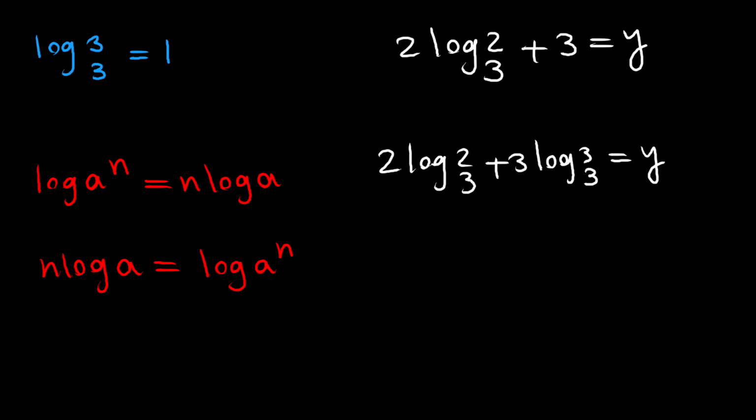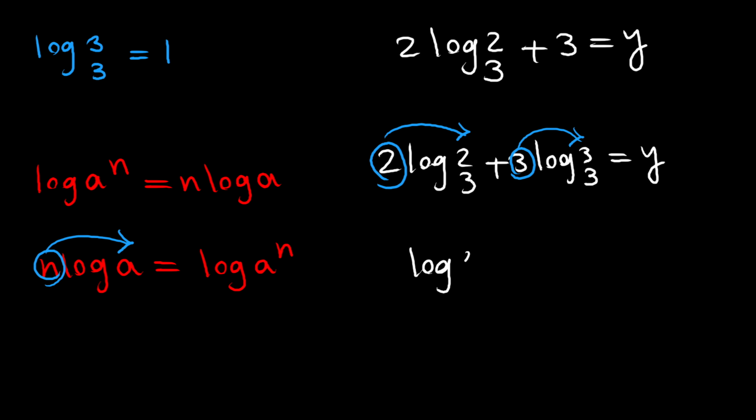We can basically take the coefficient and use it as the power of the number in front. So I can take this 2 and use it as the power of 2, and I can take this 3 and use it as the power of this 3. So the left-hand side is going to equal log of 2 squared, which is 4, with base 3, plus log of 3 cubed, which is 27, with base 3, and this equals y.